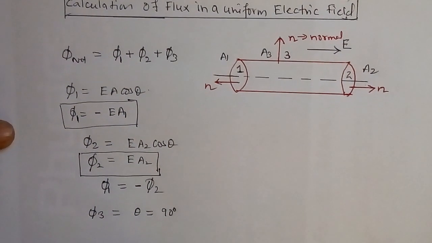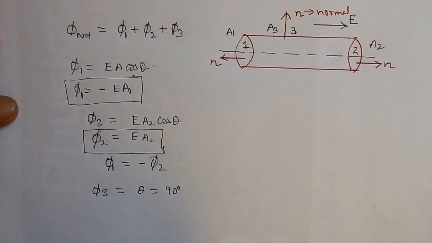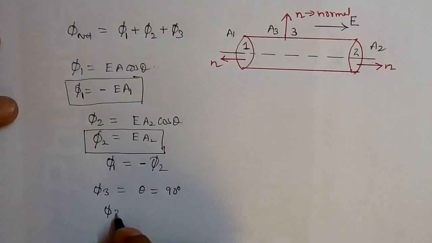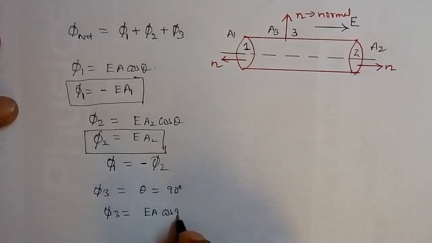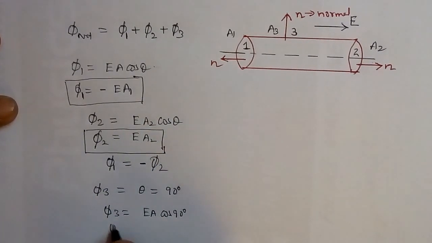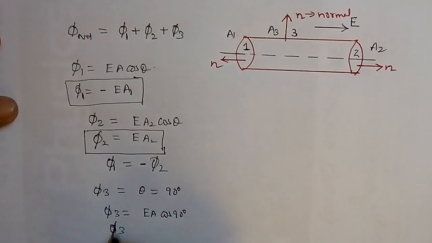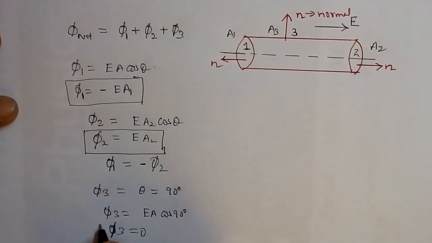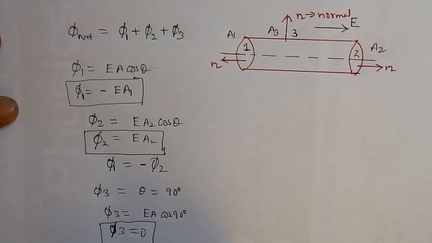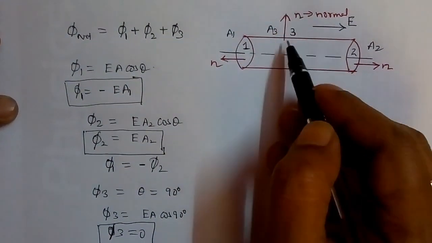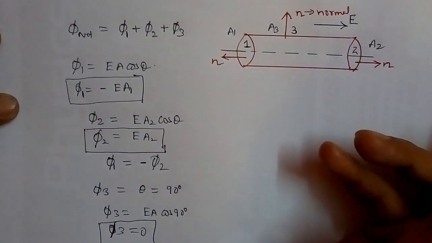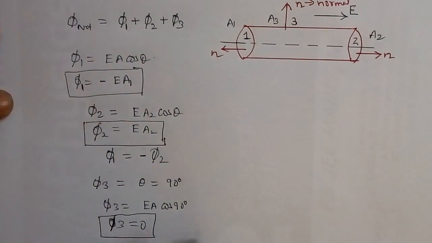Since theta is equal to 90 degrees, phi 3 equals EA cos 90 degrees, and that is why phi 3 will be nothing but 0. That is why there is no flux for the curved surface of the cylinder, where normal and electric field are perpendicular to each other. So the third flux is 0.